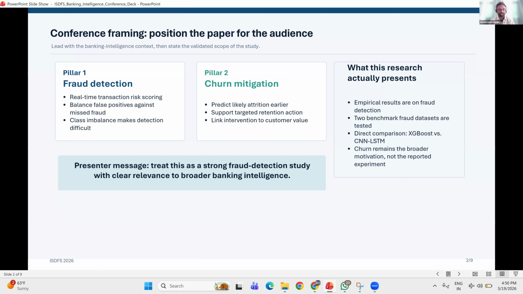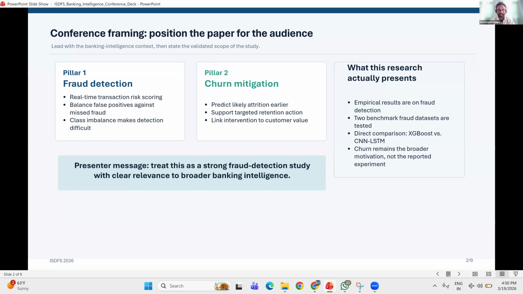I'm introducing pillar one, fraud detection. As part of fraud detection, we collect real-time transactions and compare them for risk scoring, based on how fraudsters previously tried to use our data and transfer funds.